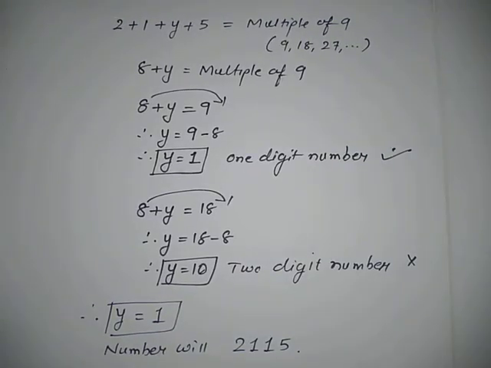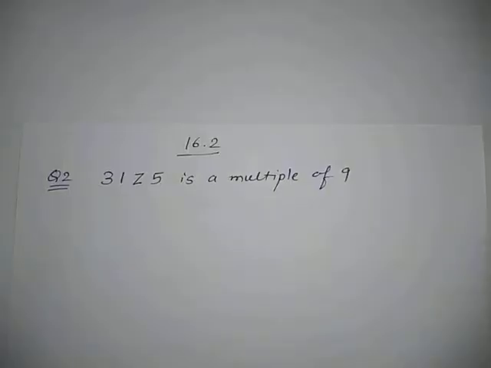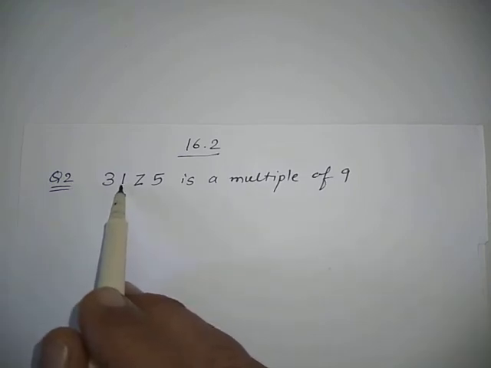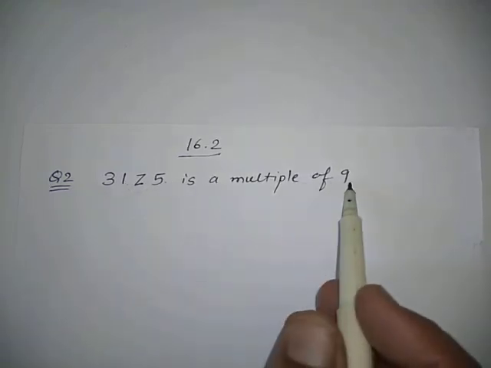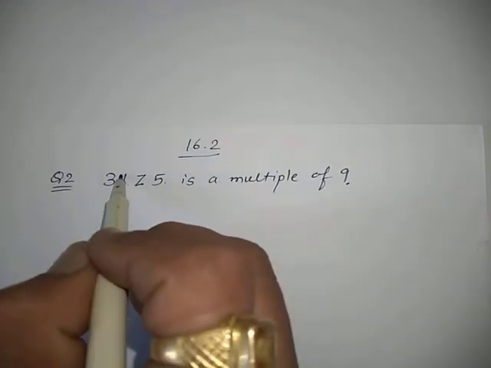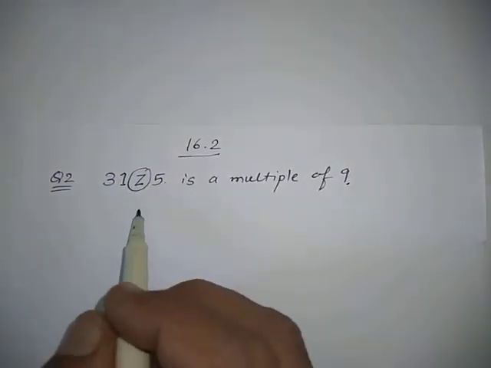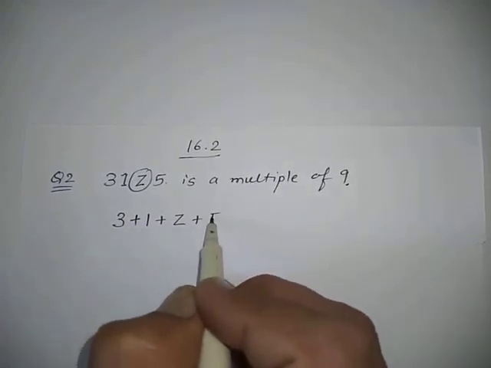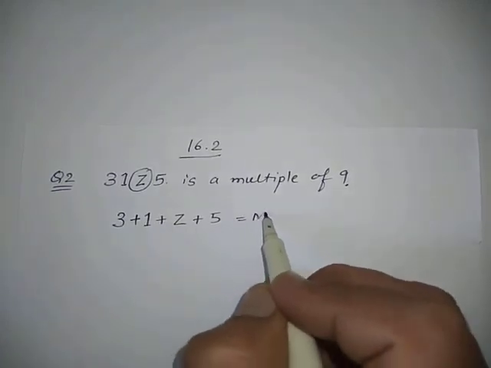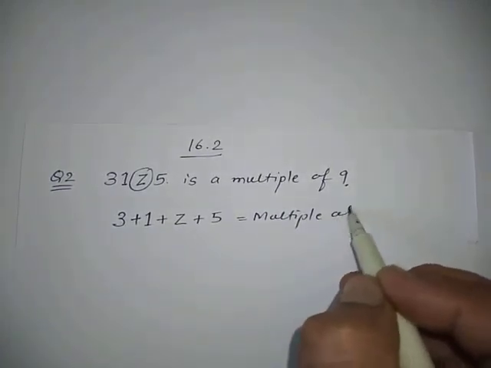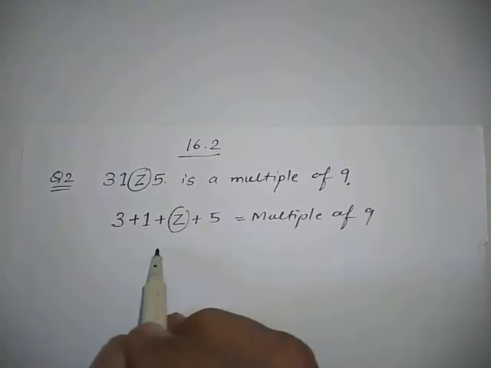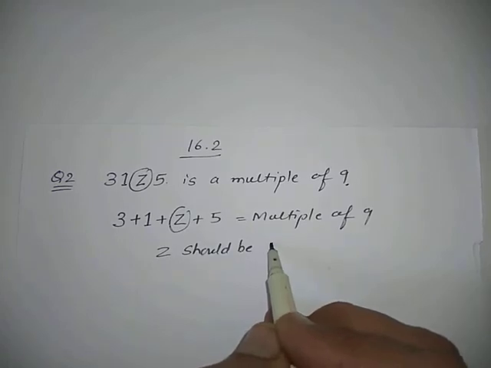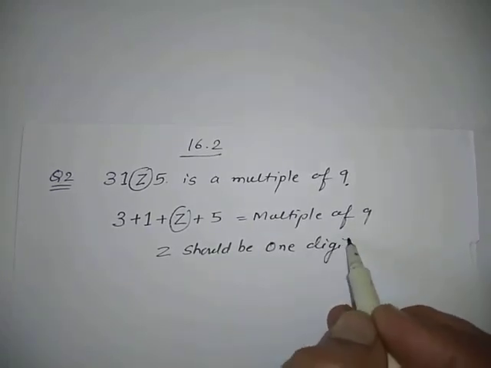Now we proceed to question number 2 of exercise 16.2, that is 31z5 is a multiple of 9. So we need to find the value of z. The procedure is 3 plus 1 plus z plus 5, the summation of all the digits, and it should be a multiple of 9, and z should be a single digit number.